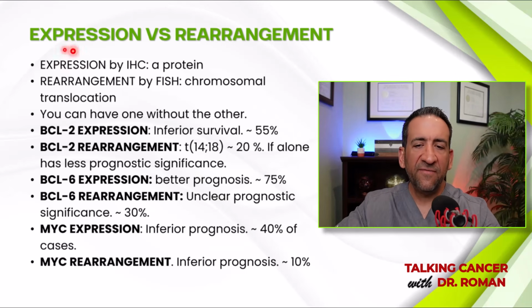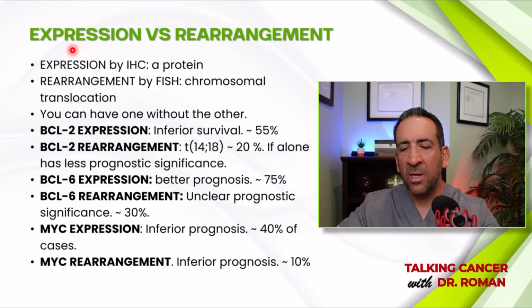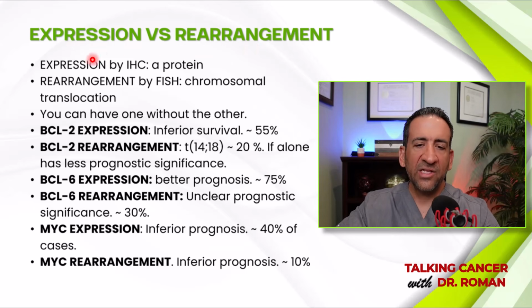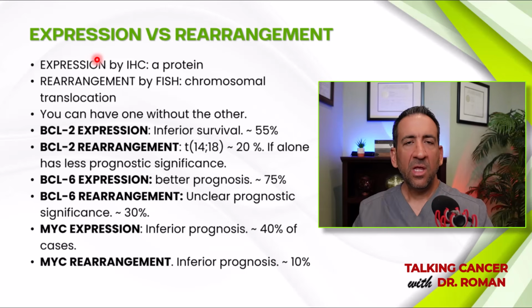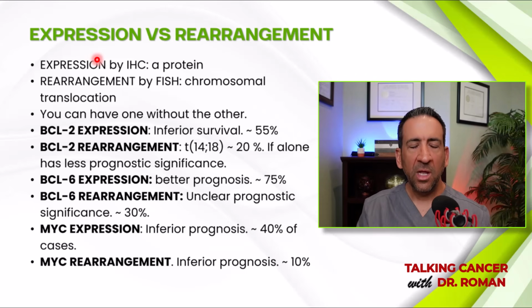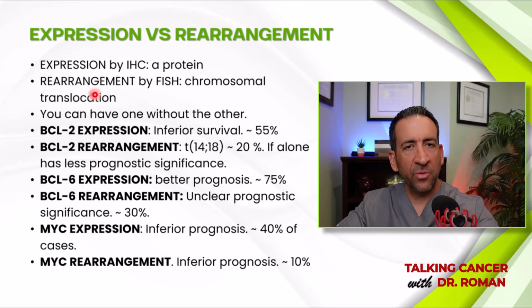And this is the difference between expression and rearrangement. Very important. Now, expression is looking for a protein. Does your lymphoma have a certain protein? Yes or no? And this is performed by immunohistochemistry. This is the test that they use. The next one is, does your tumor, your diffuse large B-cell lymphoma, have a rearrangement?